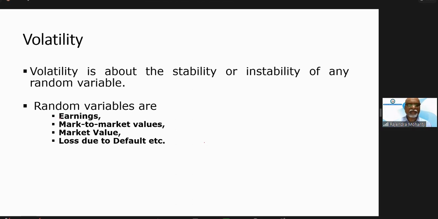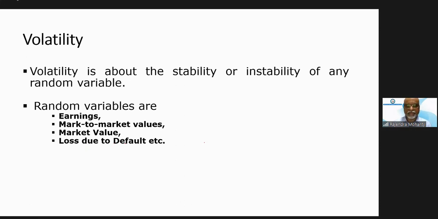So which are the random variables that we have to see whether they are stable or unstable? In risk management, first is earnings or income, whether income is coming up or going down. Then mark to market values, meaning the gain or loss at the end of the day, netting all the gains and losses together.